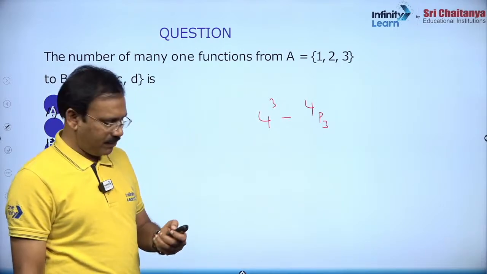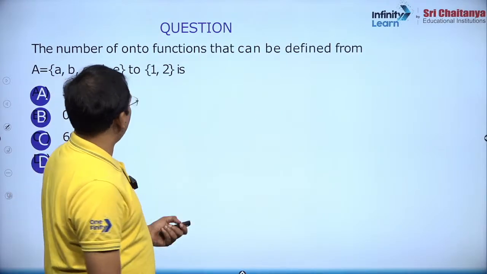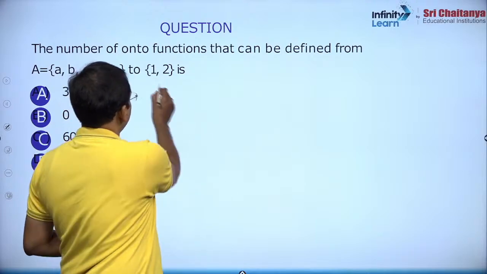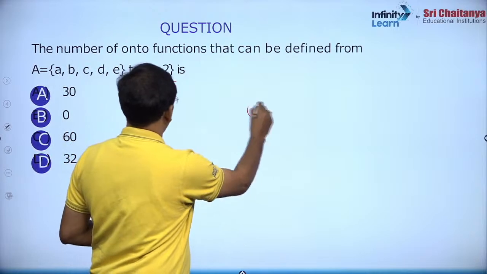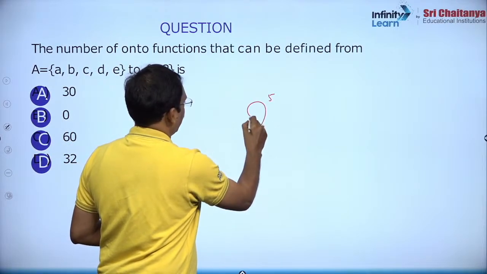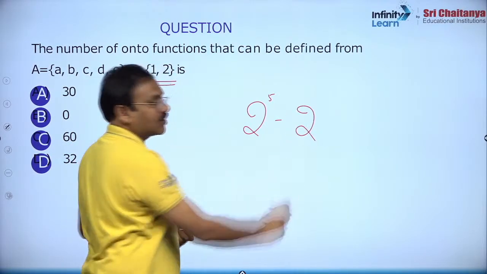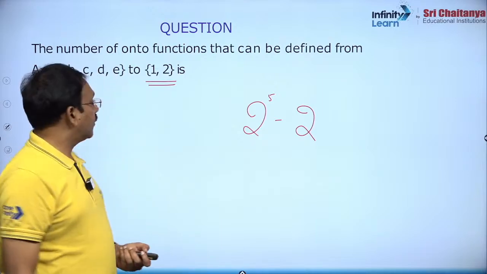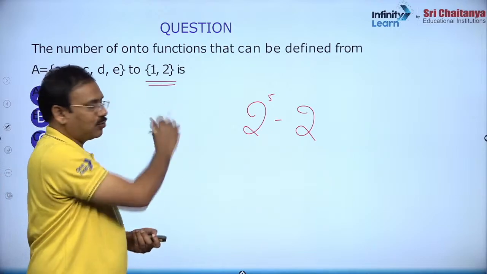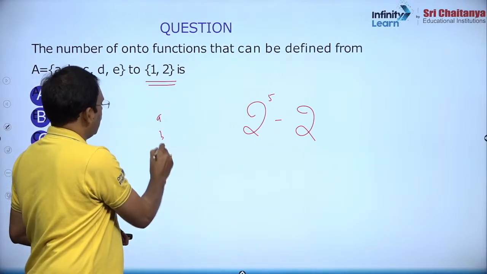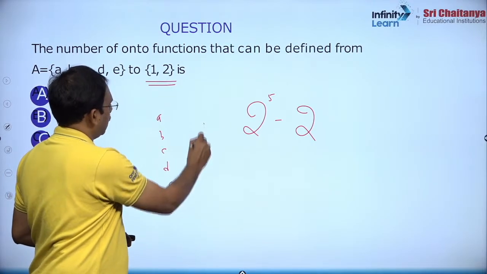That's it, a simple one. Next, the number of onto functions, especially when n of B has 2 elements. The total number of functions is 2 power 5, and we can subtract 2 functions from it. Which 2 functions? Suppose A, B, C, D, E map to 1, 2.